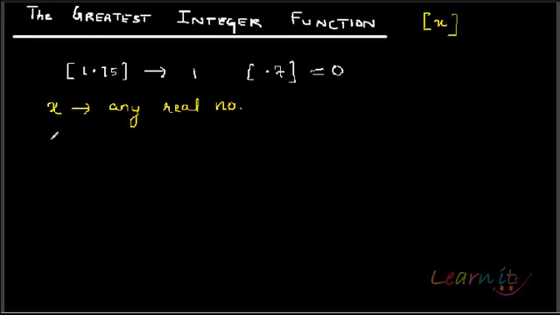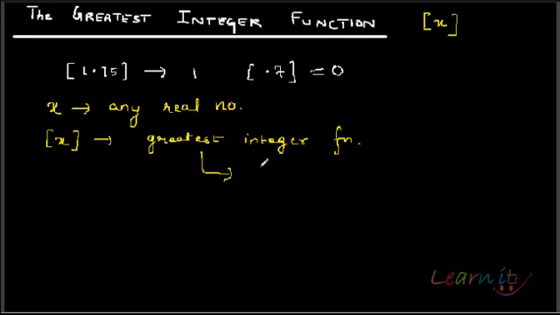We denote greatest integer function the way I have in the box there. It is the greatest integer that is less than or equal to the number that you're looking at, any real number.